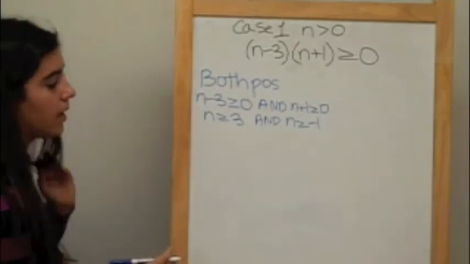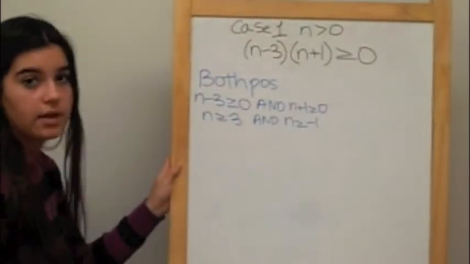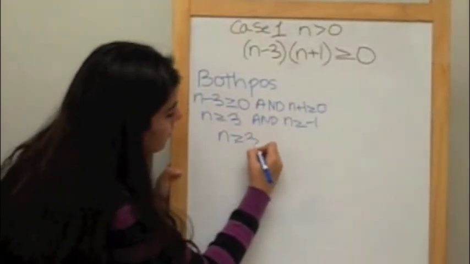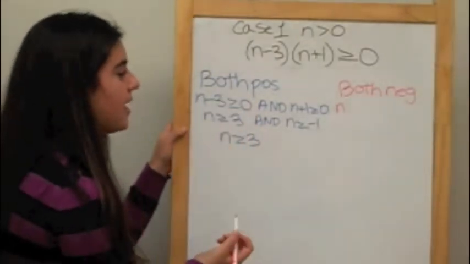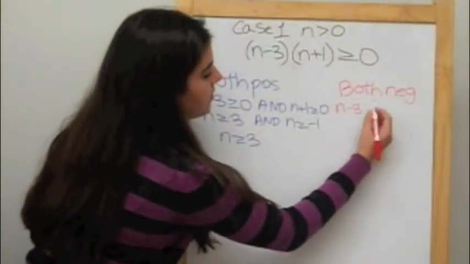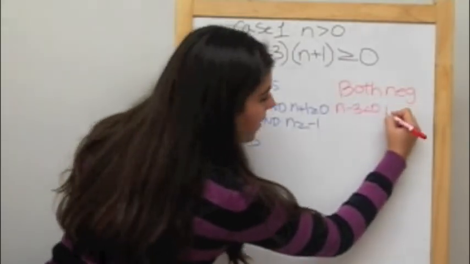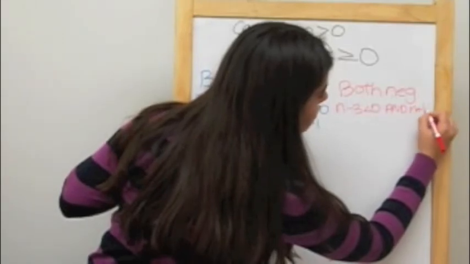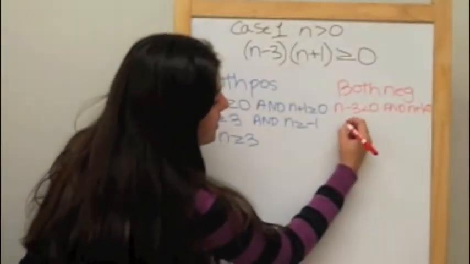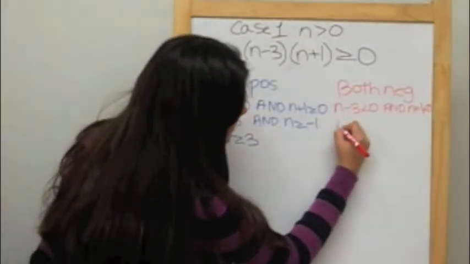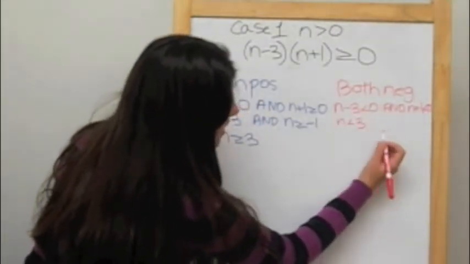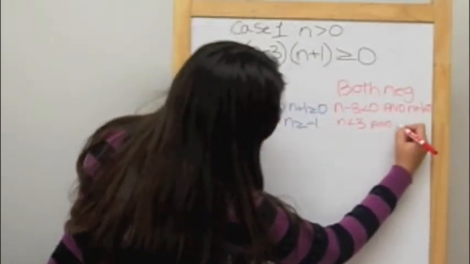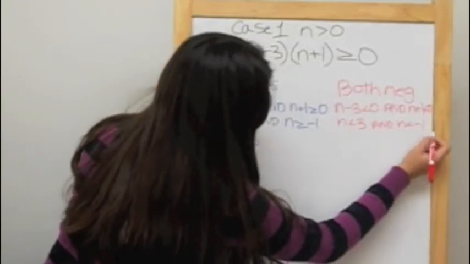For n to be both greater than or equal to 3 and greater than or equal to negative 1, n must be greater than or equal to 3. For both factors to be negative, n minus 3 should be less than 0, and n plus 1 should be less than 0. We can simplify this by adding 3 to both sides to get n is less than 3, and by subtracting 1 from both sides here to get n is less than negative 1.